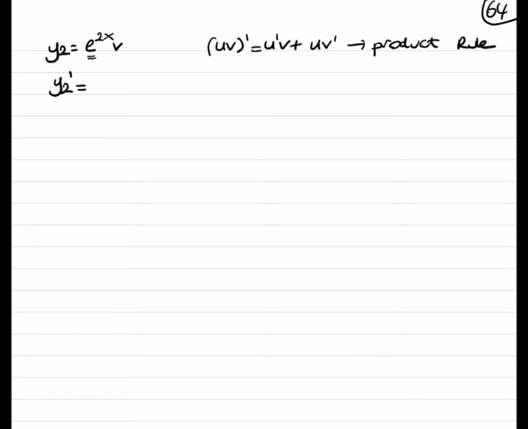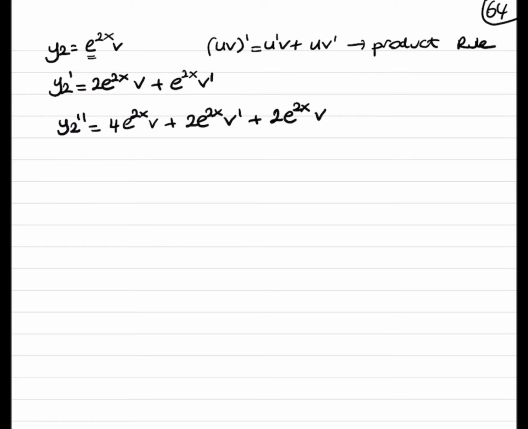What is the derivative of e to the power 2x? It is 2 times e to the power 2x v plus e to the power 2x v prime. Now we take the second derivative. So now we have 4 e to the power 2x v plus 2 e to the power 2x v prime plus 2 e to the power 2x v prime plus e to the power 2x v double prime.